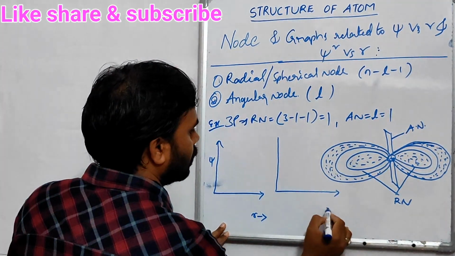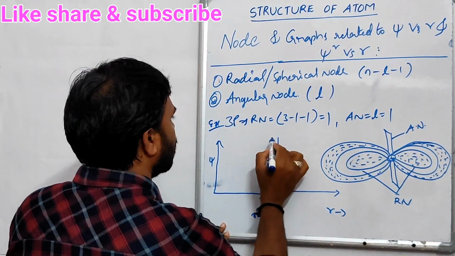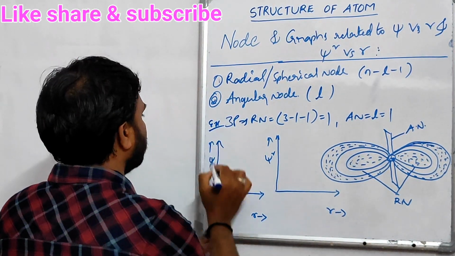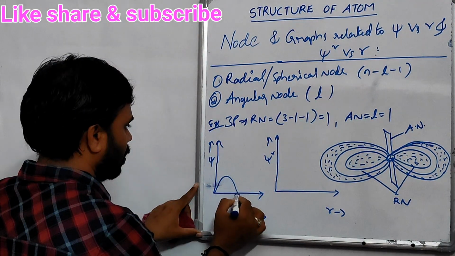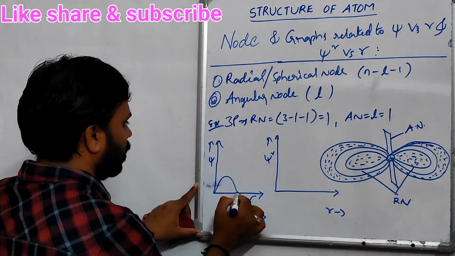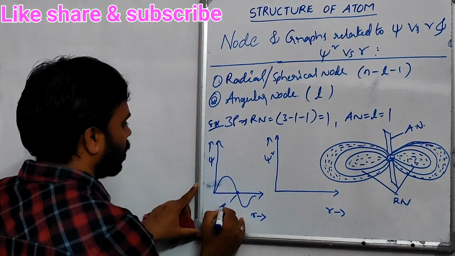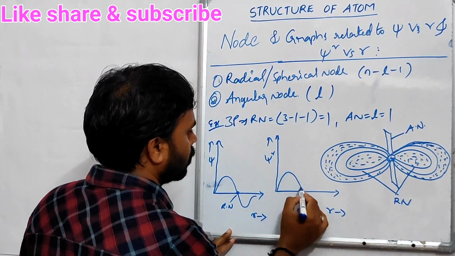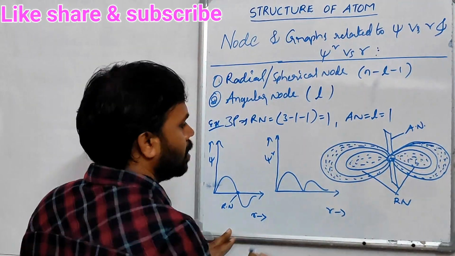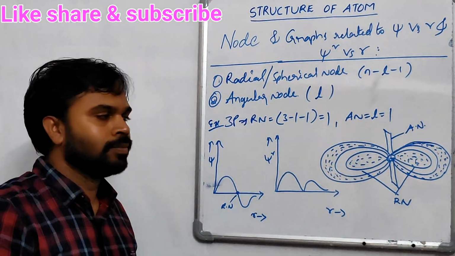This is psi square versus r. This graph looks like this. This point shows the radial node. This is the psi square versus r graph.